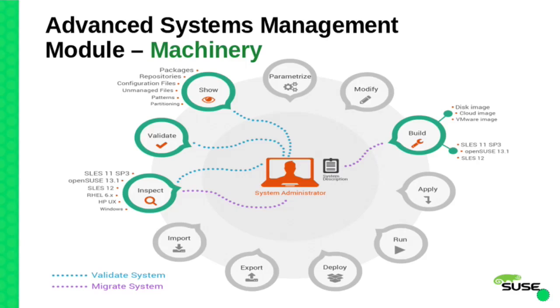So Machinery allows you to take a profile of a system, even another OS. It could be Red Hat, it could be HPUX, a Unix system. It gives you a dump of what packages are installed on the system, and also a dump of what's on the file system level as well.